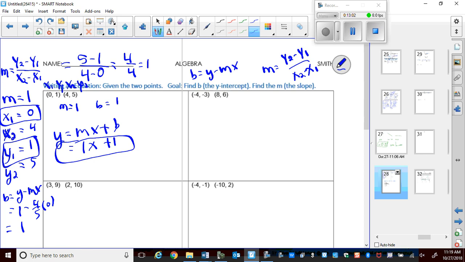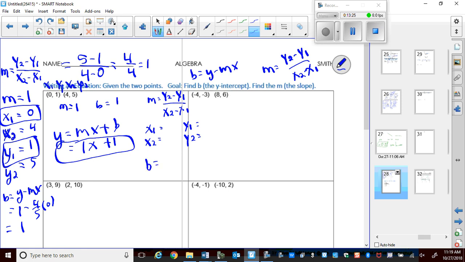Okay? Now, things we need going forward. I need the slope equals y2 minus y1 divided by x2 minus x1. I need x1, I need x2, I need y1, I need y2.